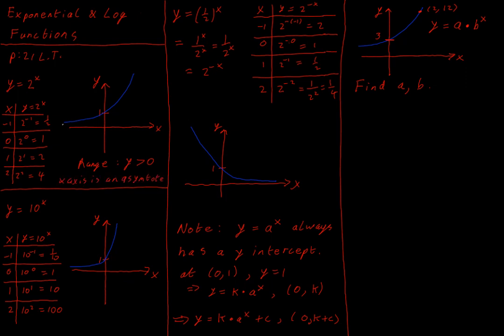Our function going back into the negative x numbers is going to get closer and closer to the x-axis, but it will never actually hit the x-axis. And that will be true of any basic exponential function. Obviously, we could add or subtract numbers that would lower this function.